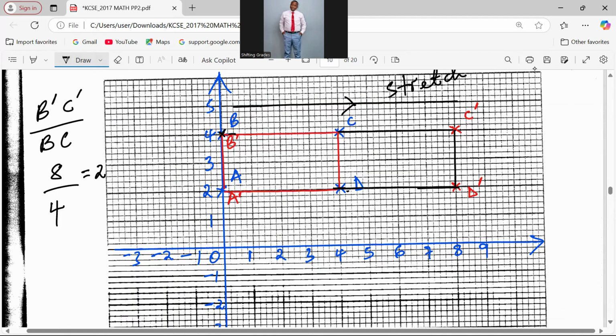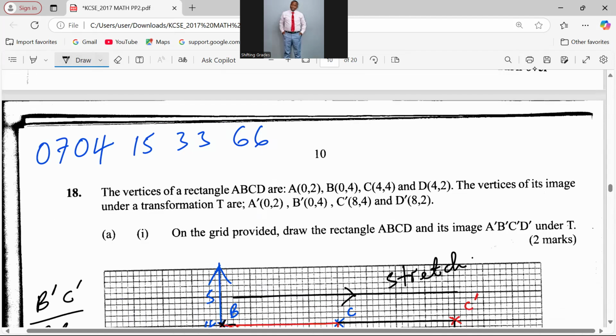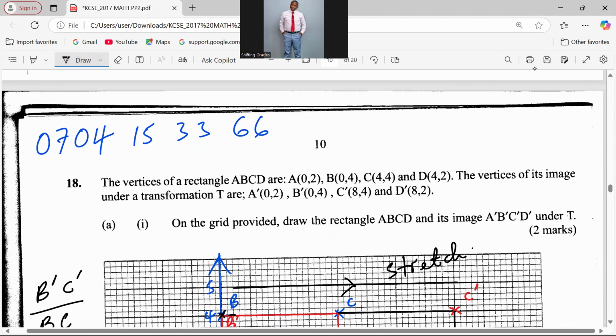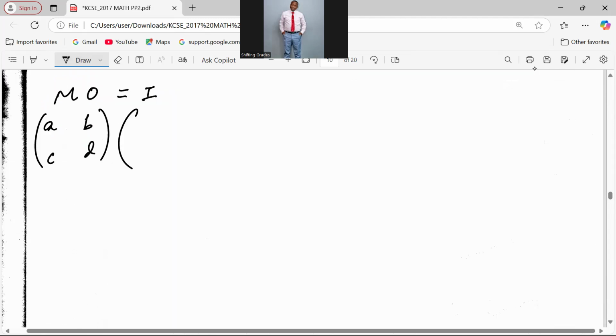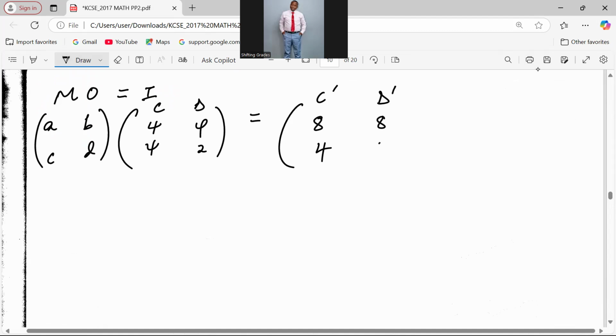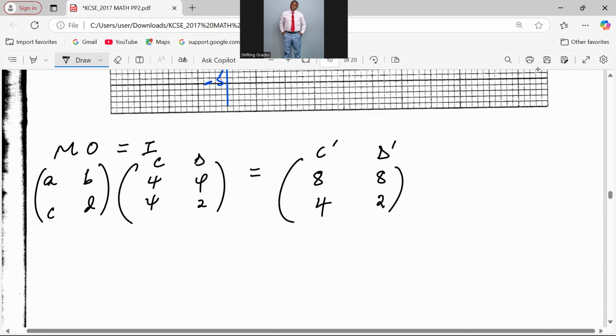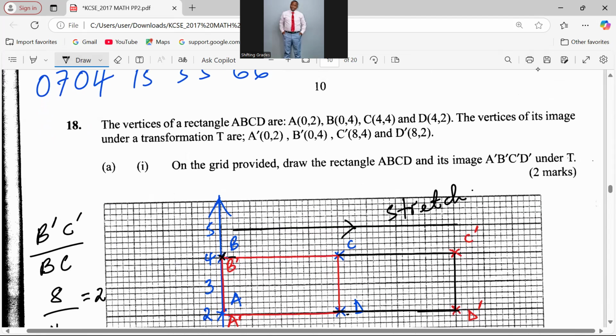So allow me to pick the coordinates which are going to change, and that is C and D. Therefore, C and D can be 4, 4 and 4, 2. This one is the same as C prime, because they're supposed to give us the image, whereby we now have 8, 4 and 8, 2, that way. I hope I'm picking the right things.